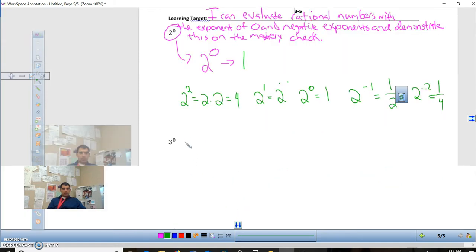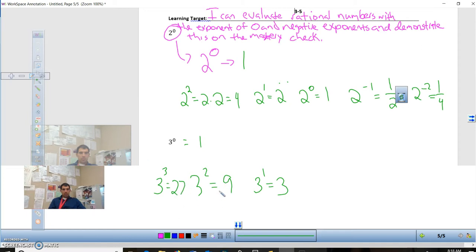We see that same thing with 3. So 3 to the 0 is also 1. 3 squared is 9. It's not a half, because 3 to the first is 3. It's a third because we're dealing with 3. So 3 to the third would have been 27. A third of 27 is 9.